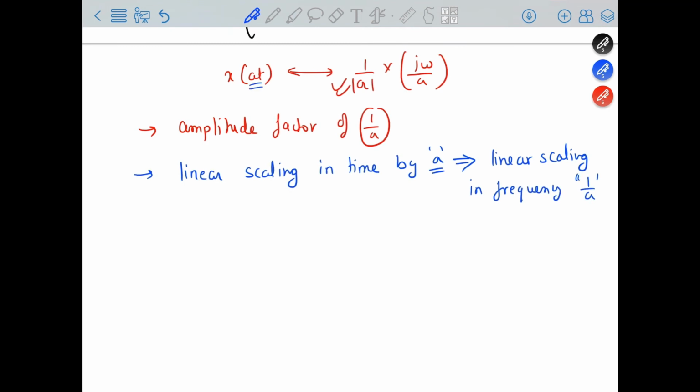This is quite visible here also, that we are scaling with at and we are getting omega by a.